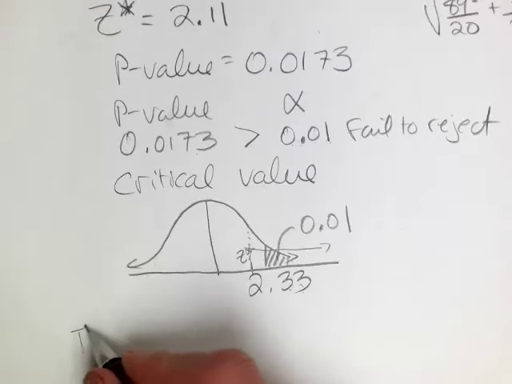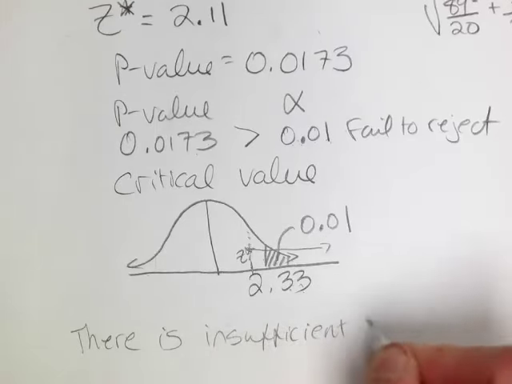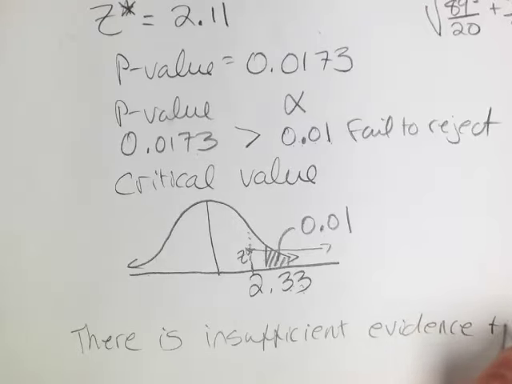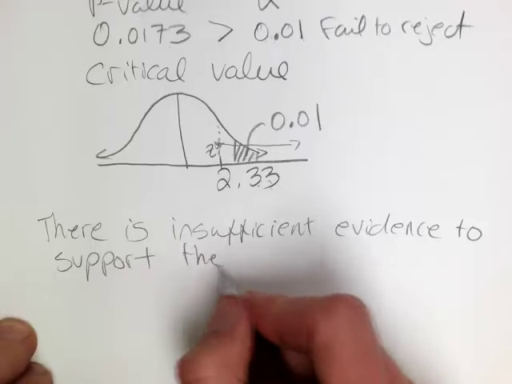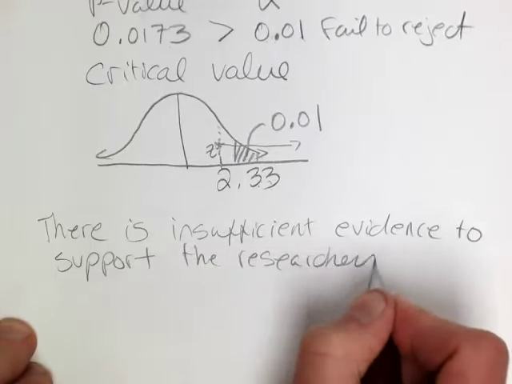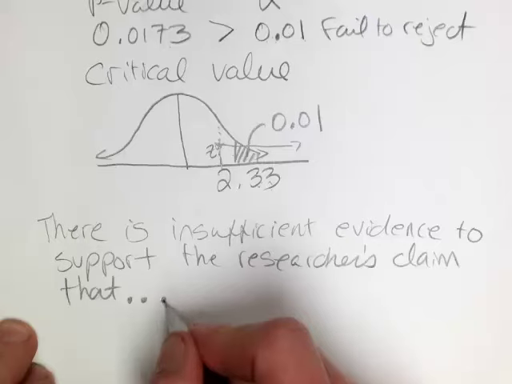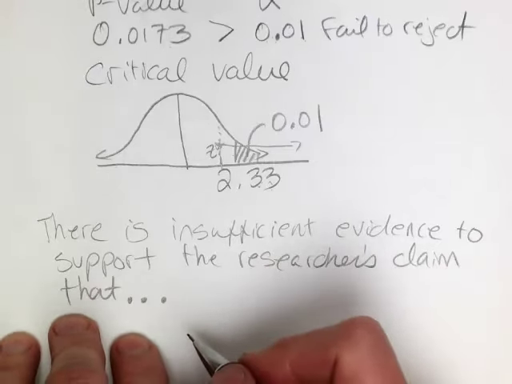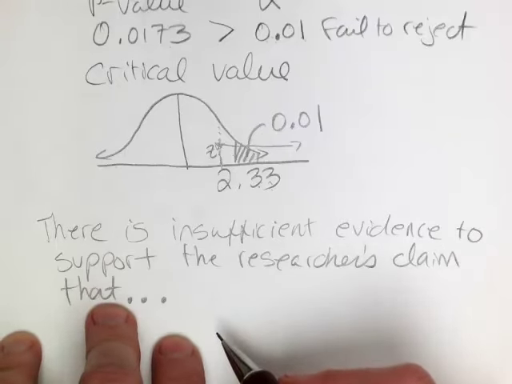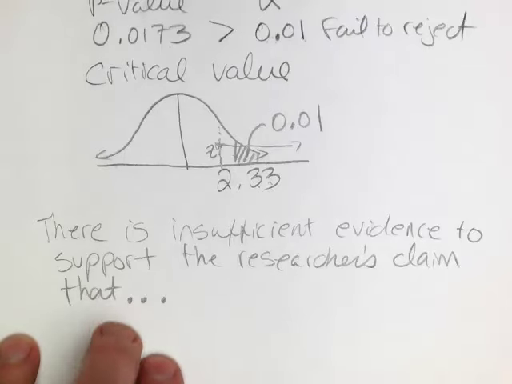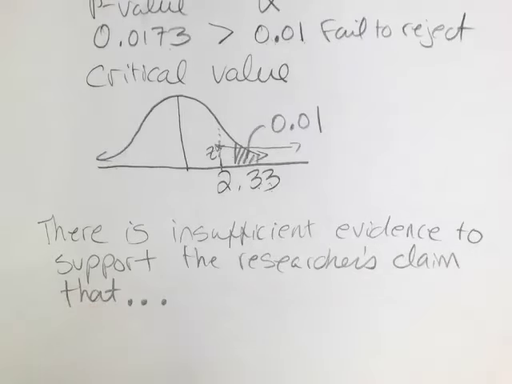Okay, so there is insufficient evidence to support the researcher's claim that, and then you'd restate all of that part in plain English, that the mean amount spent in the first 3 months by clients of Diet A is greater than the mean amount spent in the first 3 months of clients of Diet B. I would actually prefer to type this because it's much faster for me to do so.